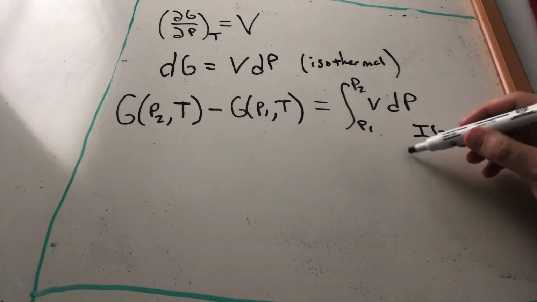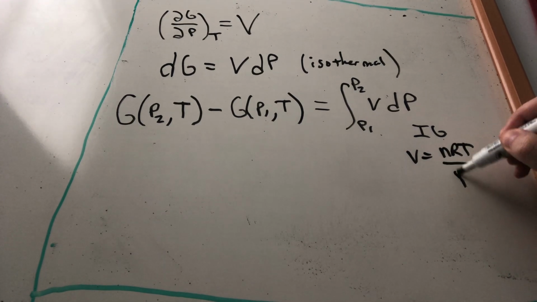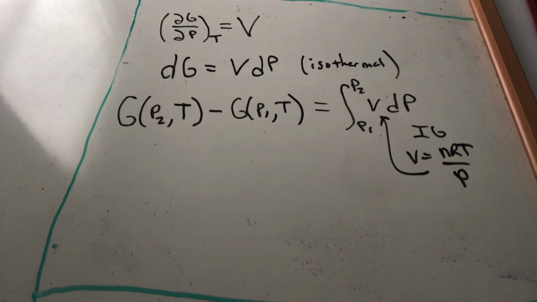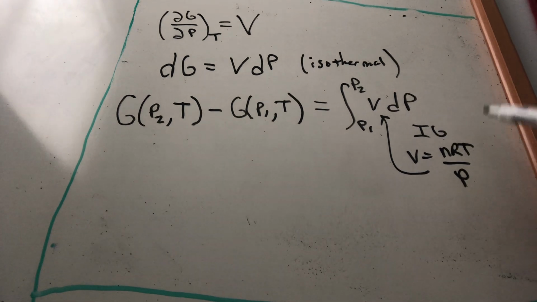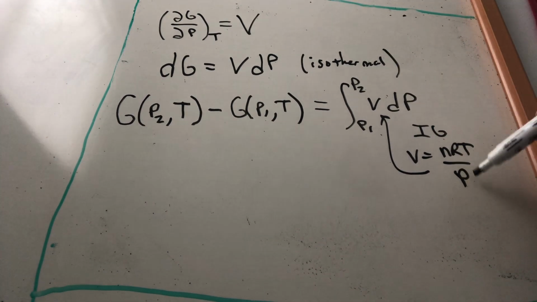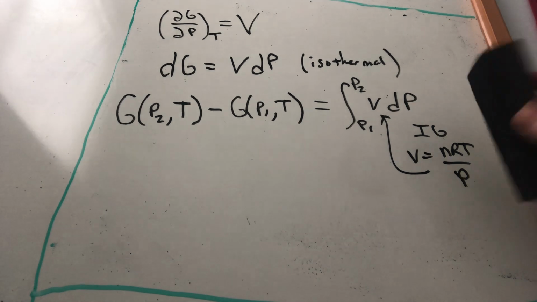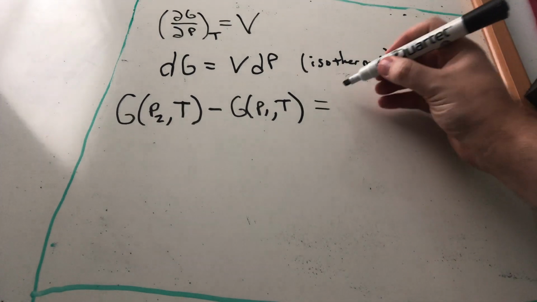Doing so, we know that V is nRT over P, and we can substitute that in and get an integral that we're really familiar with. The nRT will be brought out front, we'll have dP over P, and we can integrate that to get a natural log. So as we do this integration for an ideal gas, now we use this keyword ideal gas, right?